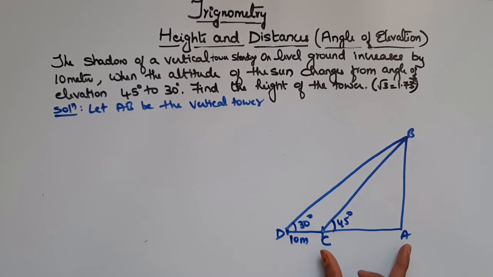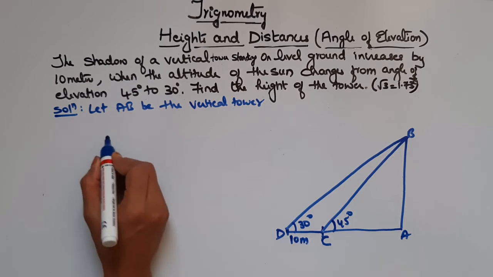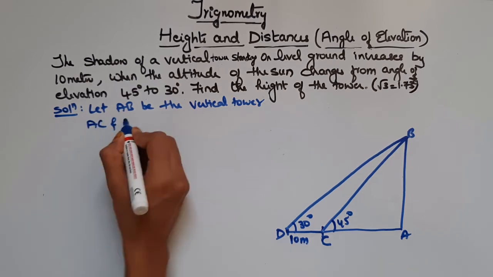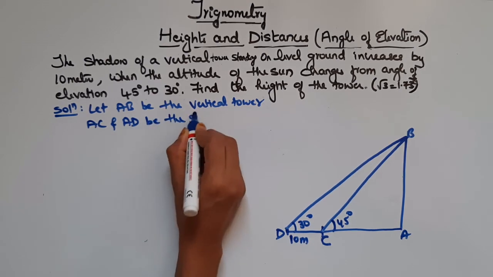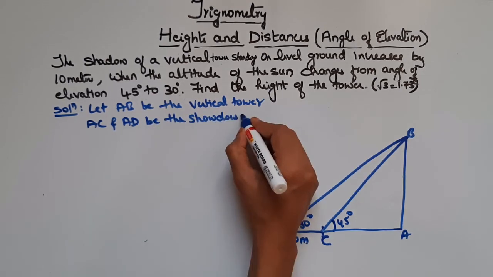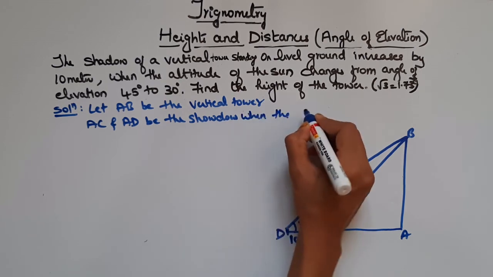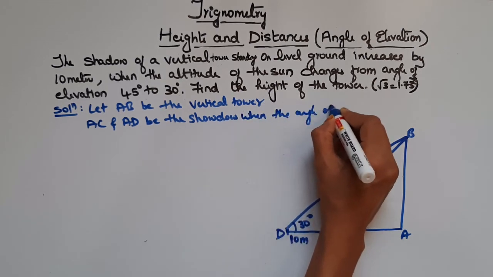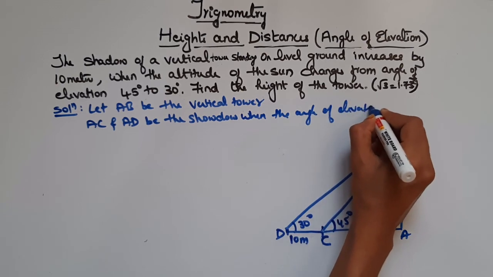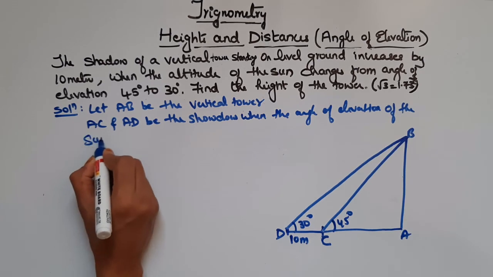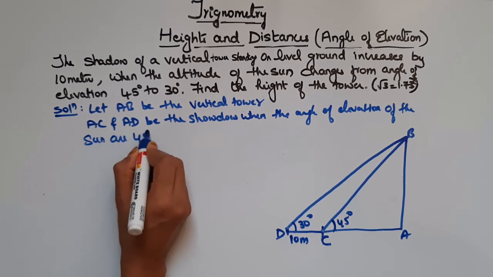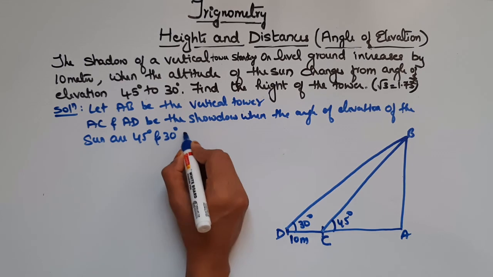We have AC and AD be the shadows when the angle of elevation of the sun are 45 degrees and 30 degrees respectively, right?